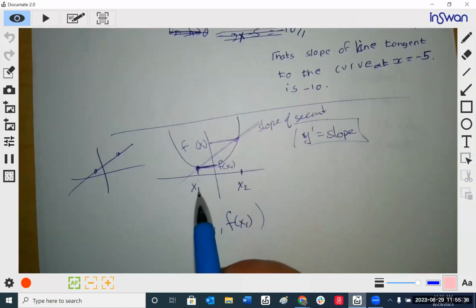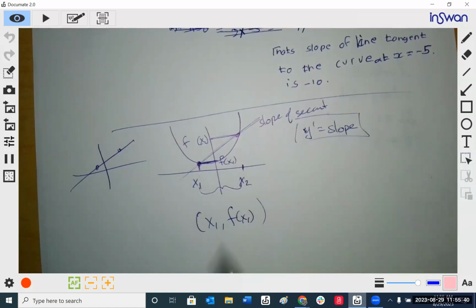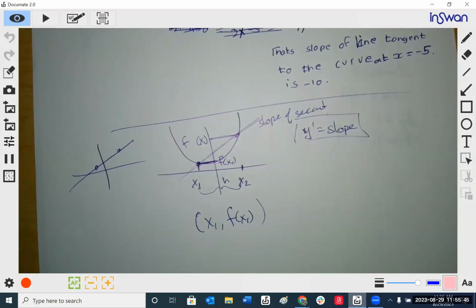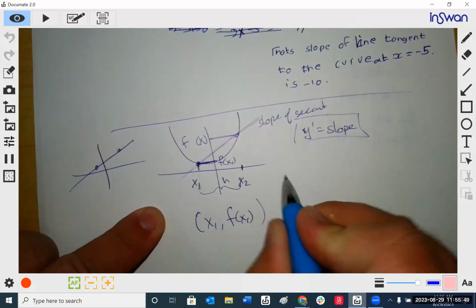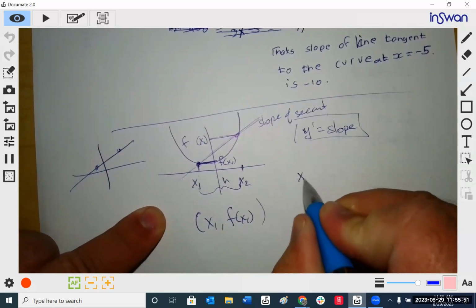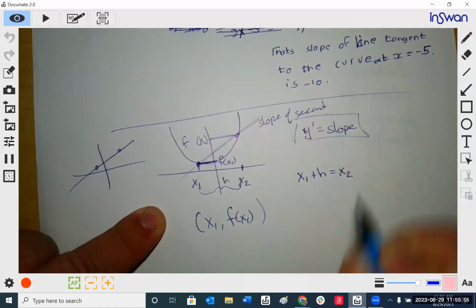How far is this right here? That distance is h. So horizontally, we have x1 plus h equals x2.